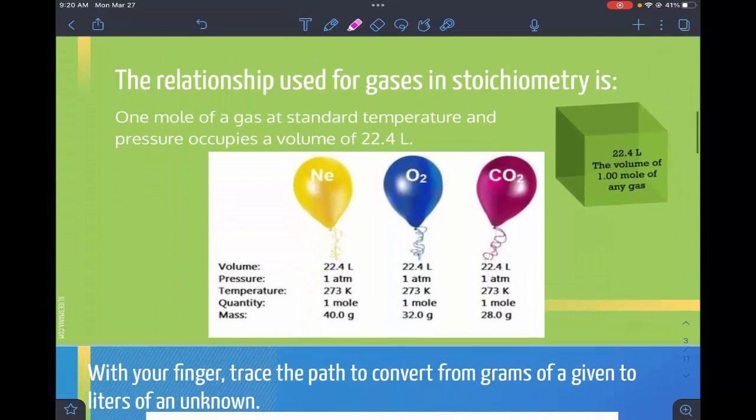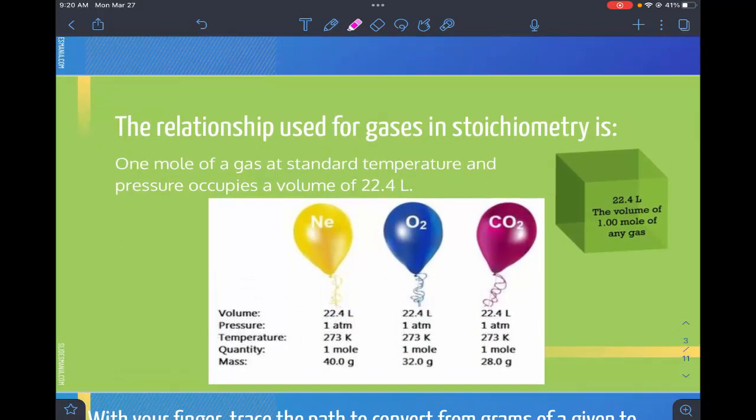Now, we are going to introduce an idea that will allow us to do stoichiometry with gases and predict the volume of the gas that is going to be used or produced. So the relationship used in gas stoichiometry is the following. 1 mole of a gas, at standard temperature and pressure, which is what we will use in our unit of study, occupies a volume of 22.4 liters.